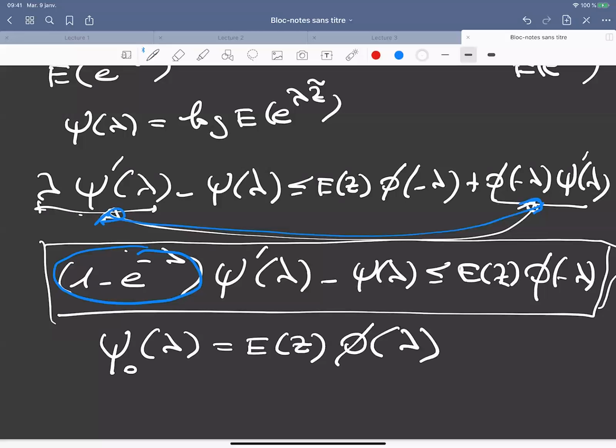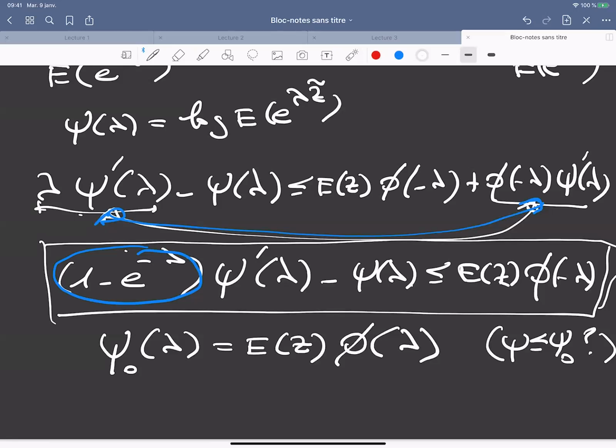Remember that we want to prove that psi is less than psi null. The nice thing is that psi null is exactly a solution of the boundary differential equation. If you look at the differential inequality here, you put equal instead of unequal, then what you get is that psi null is the solution of this differential equation.